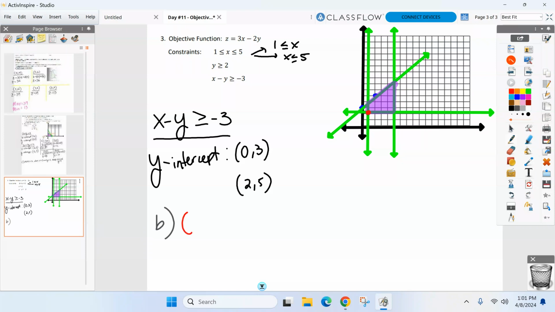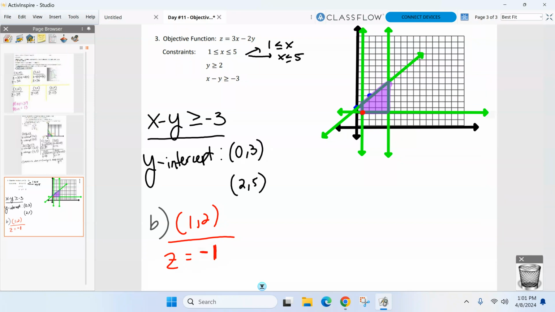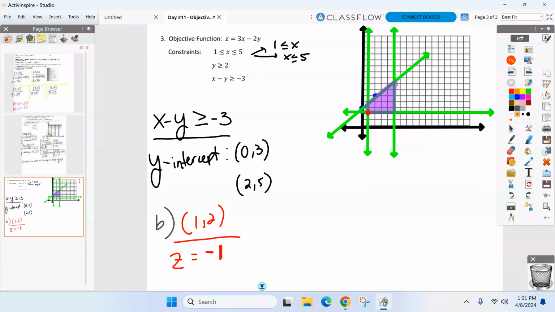Okay, so I'll do 1, 2 first. Plug that in for Z. Make sure you get -1. Anybody else confident in another one? Probably where the horizontal and vertical lines meet, those are the easier ones.